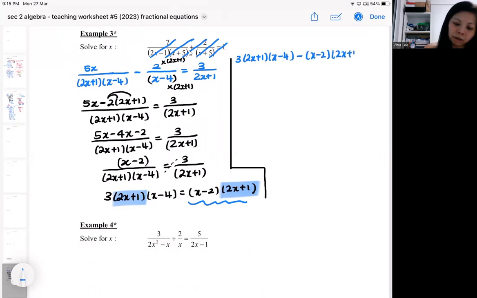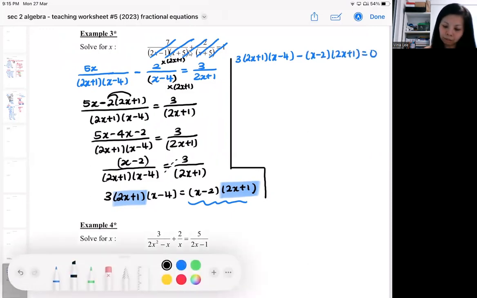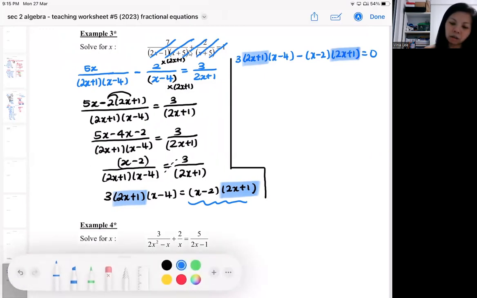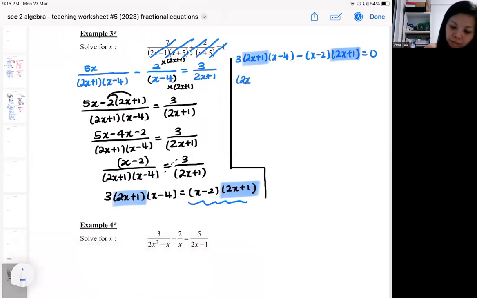And the common bracket that we have just now, I will take it out as a common factor. So the common bracket is actually a common factor. You take it out, you will be left with this.